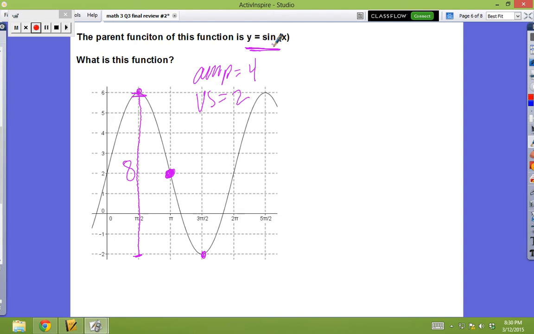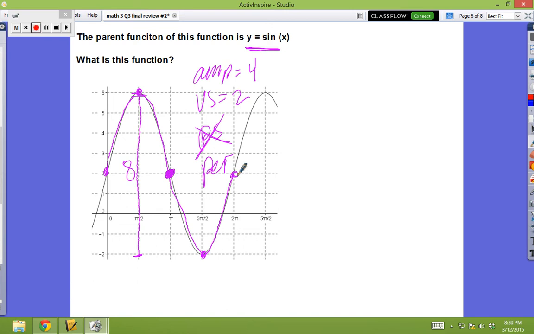On the test I will not give you a phase shift because that gets too hard, that gets kind of tricky. So all you need to check is the amplitude and the vertical shift. There will not be a phase shift, but you can figure out the period. Okay, the period, it needs to start at 0, and it needs to go through its cycle, and it needs to end its cycle.